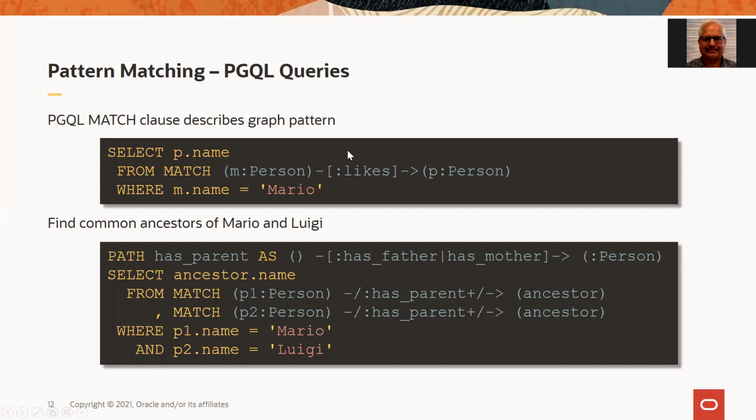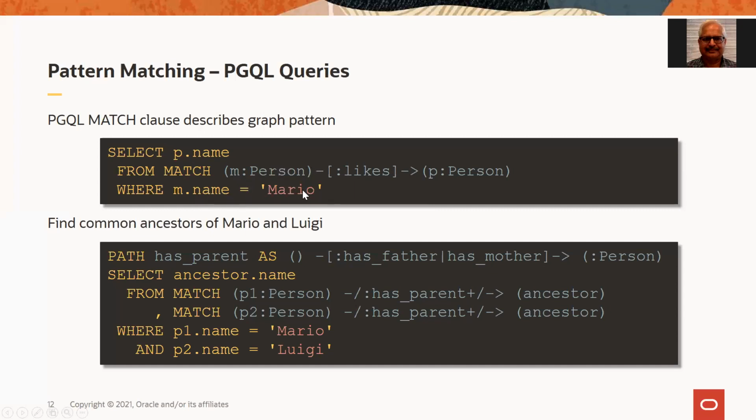And to give you a feeling for what this query language looks like and how it works, here's a simple example at the top, which basically says, find me all people, all vertices of type person, which are connected through a likes relationship, which is a directed relationship, as you can see from this arrow, to another vertex of type person, and with the additional predicate that on the initial vertex M of type person, the property name equals Mario.